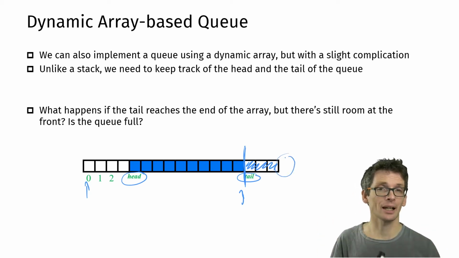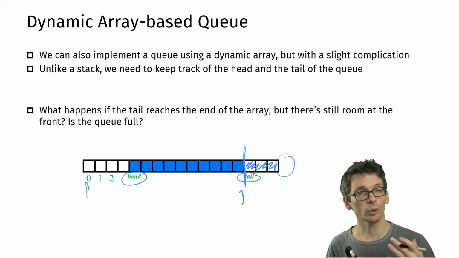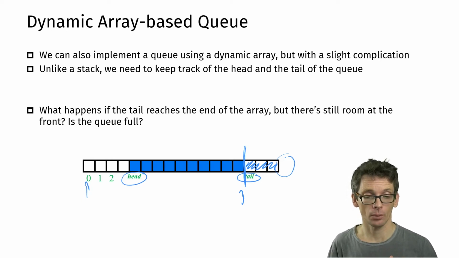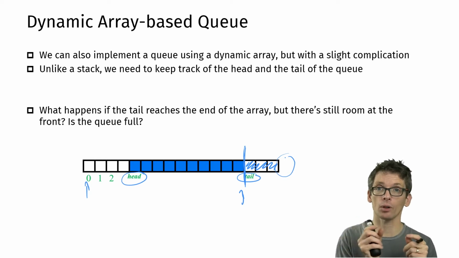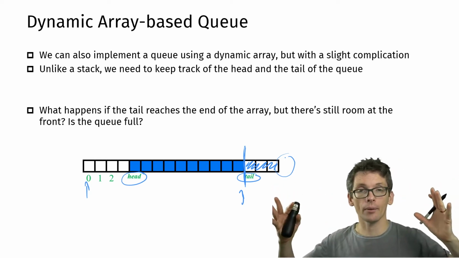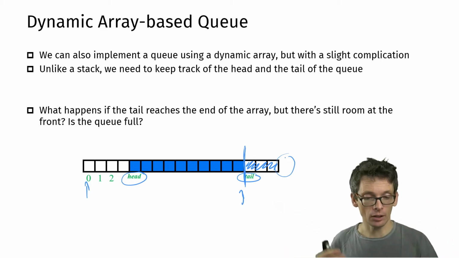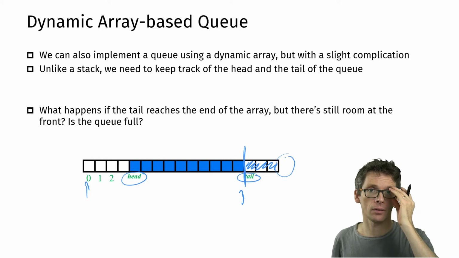We're doing dynamic arrays, so we could resize, but that would not be quite as efficient as we would like to have it. Because what that means is that we could have only one element in our queue, and a huge array, but still resize just because that element is currently stored at the end.